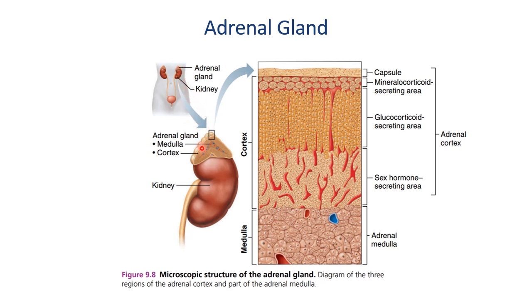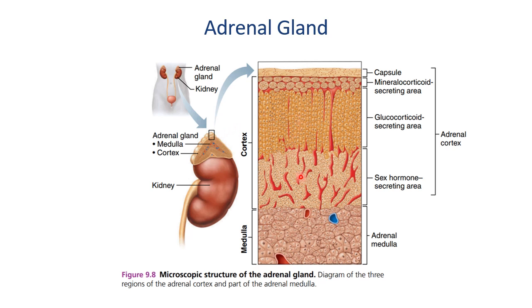And the adrenal glands have two portions, a middle portion, which is the adrenal medulla, whose hormones secreted are epinephrine and norepinephrine. And then you have on the surface of the gland the adrenal cortex, which synthesizes the mineralocorticoids, glucocorticoids, and adrenal androgens.